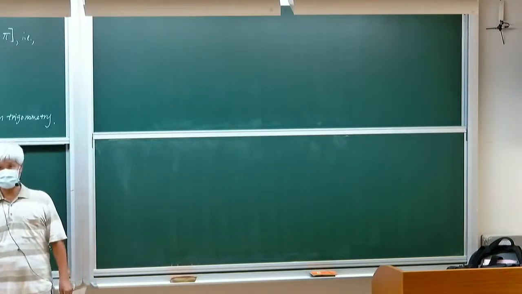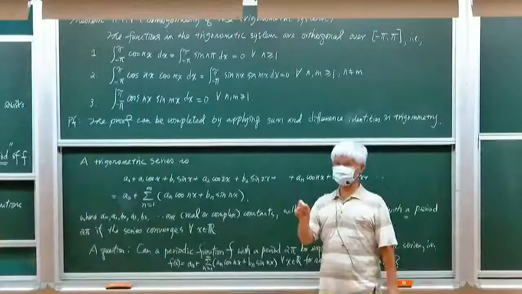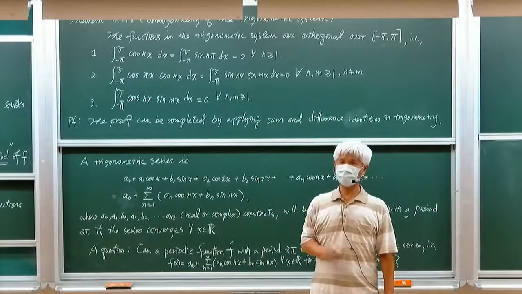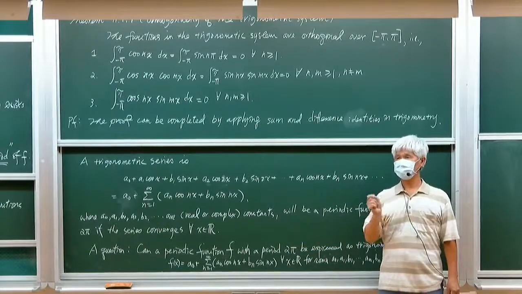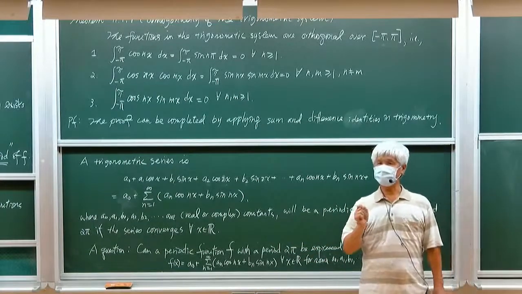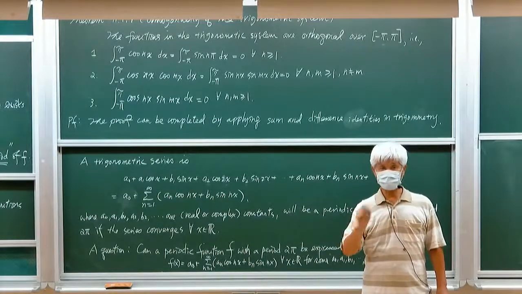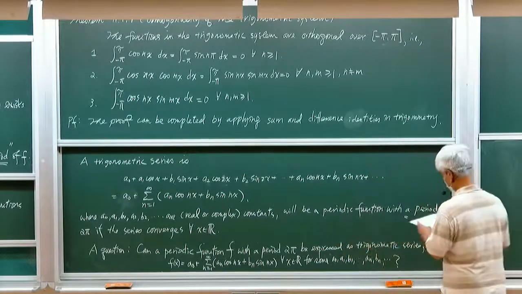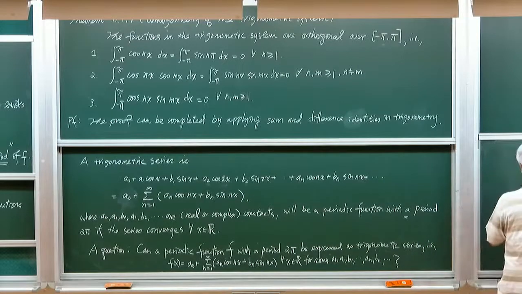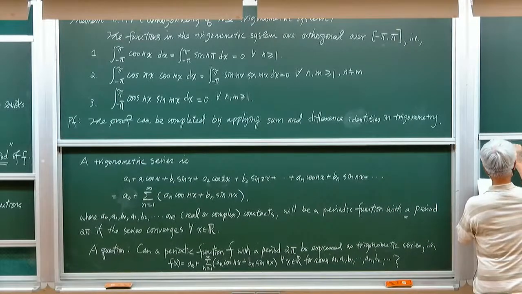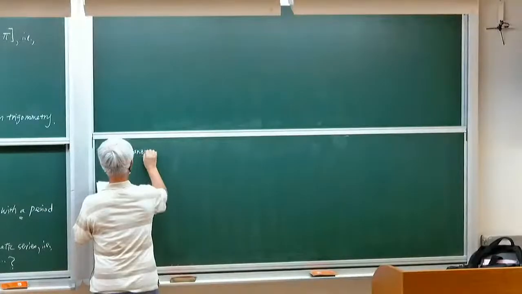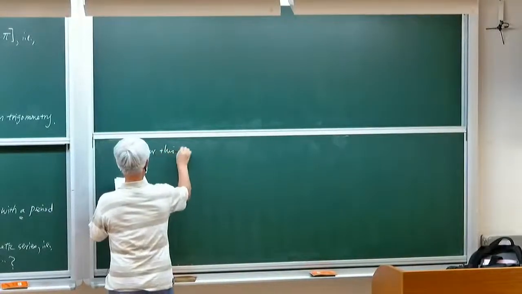That means that if a function cannot satisfy these necessary conditions, then for such a function the answer is no. Okay, so that is one way to give a partial answer. All right. So to answer this question.